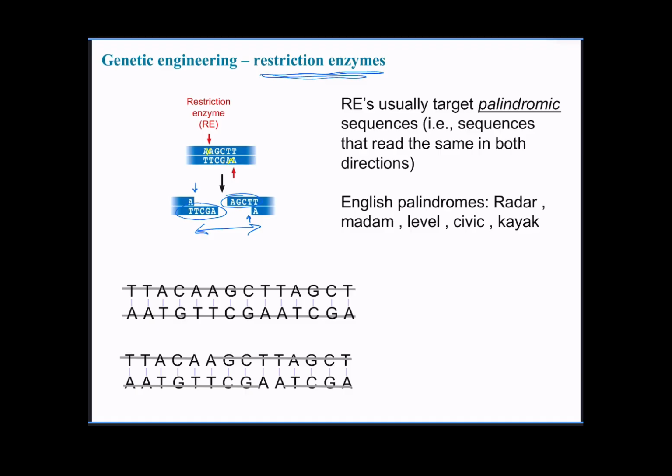Down here, I have a slightly different depiction of what this looks like. So again, we're focusing on this sequence here, AAGCTT. And what this depiction down here emphasizes is the fact that what the enzymes do is they break the phosphodiester bonds between adjacent nucleotides, such that now all there is left are these very weak hydrogen bonds between the protruding ends.